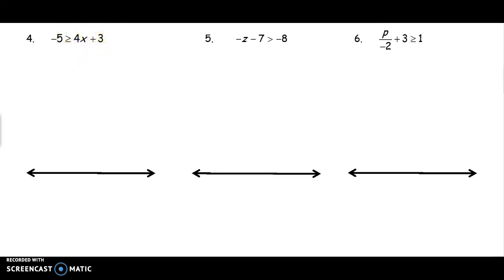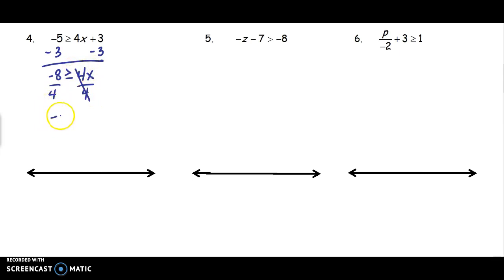So again, first thing to do is add or subtract the number that's not next to the x, attached to it. So we're going to subtract 3 from both sides. So here we have negative 8 is greater than or equal to 4x. And again, it's subtraction. It's not one of those specialties. And then we would multiply or divide. In this case, we're going to divide by 4.